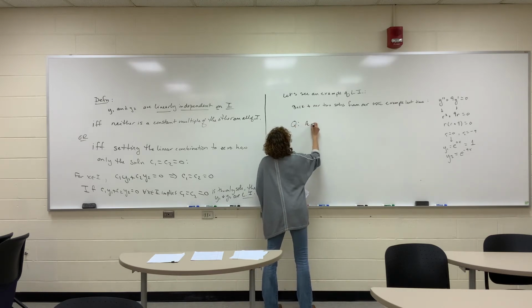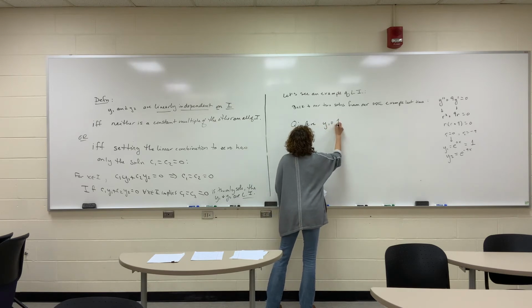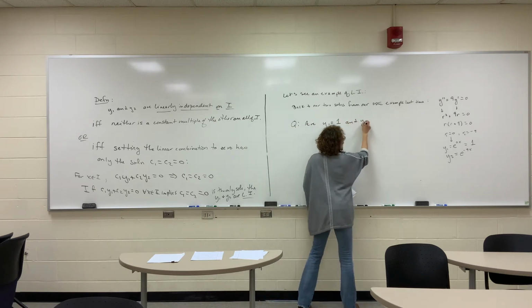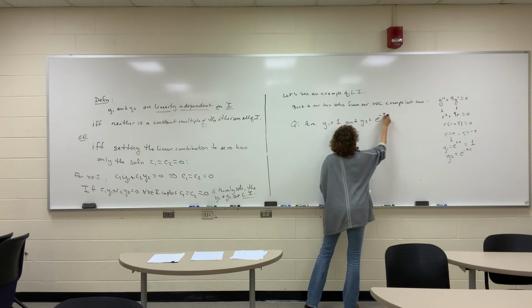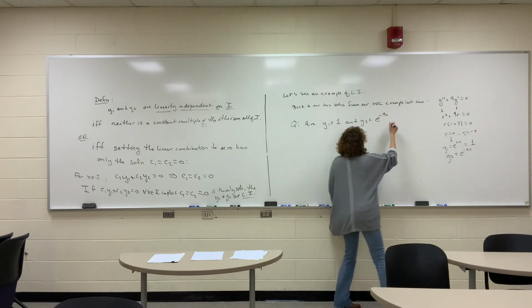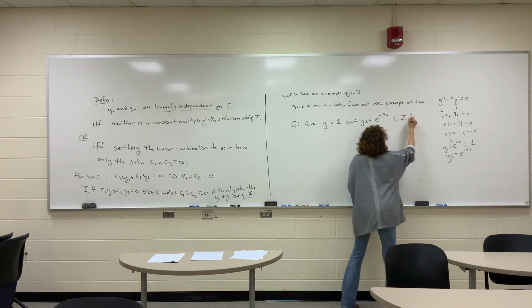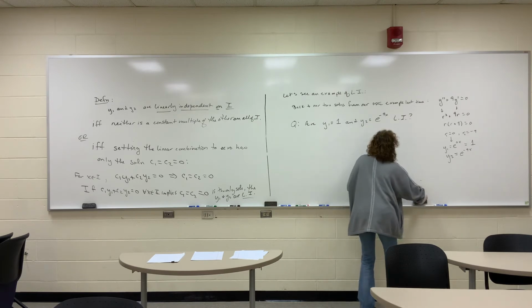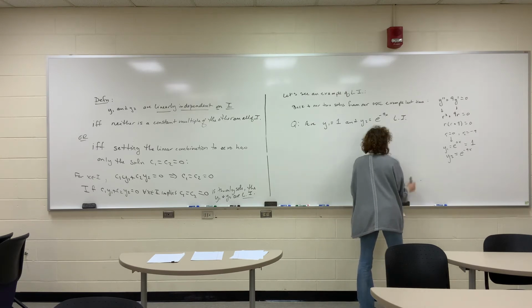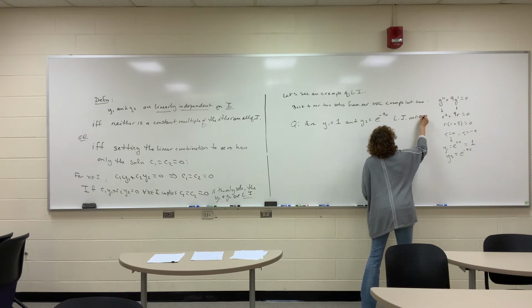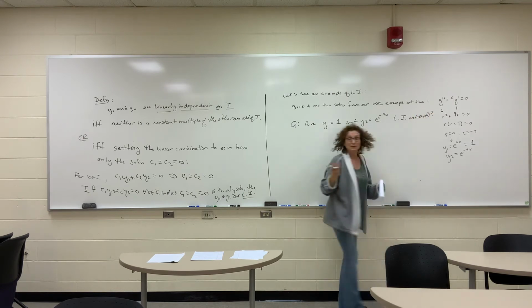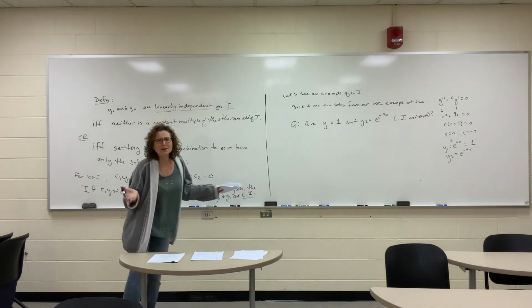Question: are y1 equals 1 and y2 equals e to the negative 9x linearly independent on minus infinity to infinity? Why do we want to know the answer to that question?